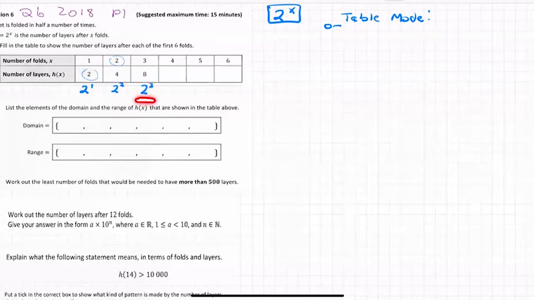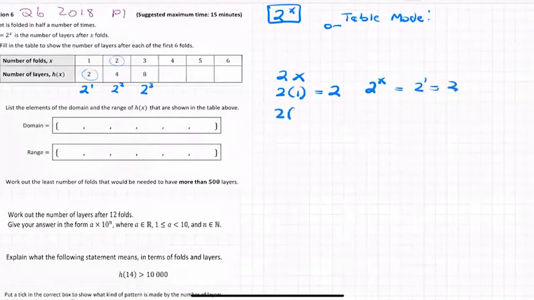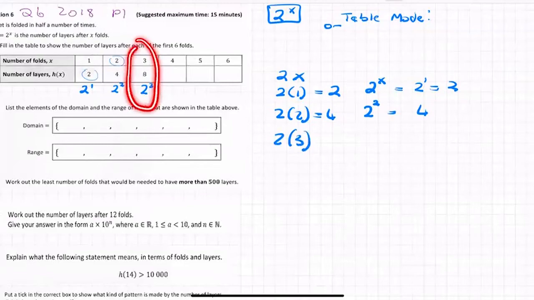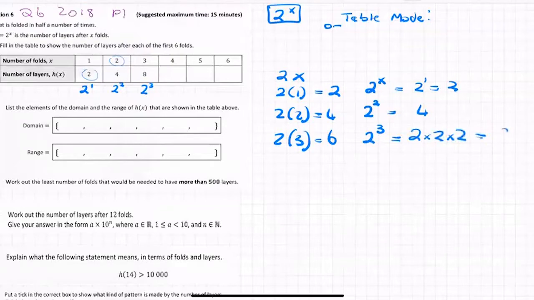So this is the one where you might realize you've made a mistake, because it's very easy to put in your function as 2x. 2 by 1 is 2. That's the same as 2 to the power of 1. 2 by 2 is 4, but that is also the same as 2 to the power of 2. 2 by 3, though, when I get to this line here, 2 3s are 6, but 2 to the power of 3, if I was to write that out the long way, that is 2 by 2 by 2, 2 2s are 4, 2 4s are 8.